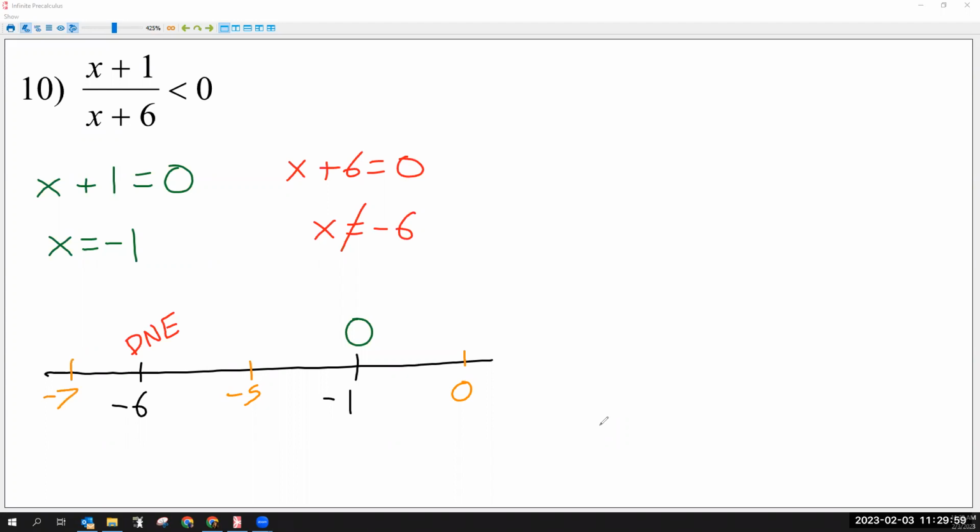Now, just like last time, we don't really care about the number we get. We care about, is it positive or negative? So if I plug 0 in, if I plug it into the top and I plug it into the bottom, what do I get? A positive or a negative? I get a positive because I get +1 over +6. What if I plug -5 in for those x's?